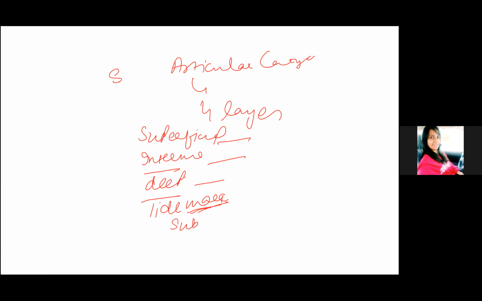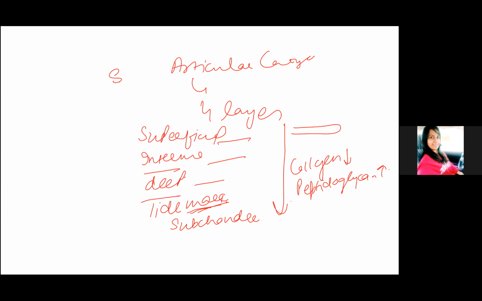Then we have subchondral bone. When we go from above downwards, collagen will decrease and proteoglycan will increase, and your chondrocytes in the first layer are horizontal. Then when you go deep, they will become first oblique and then vertical.